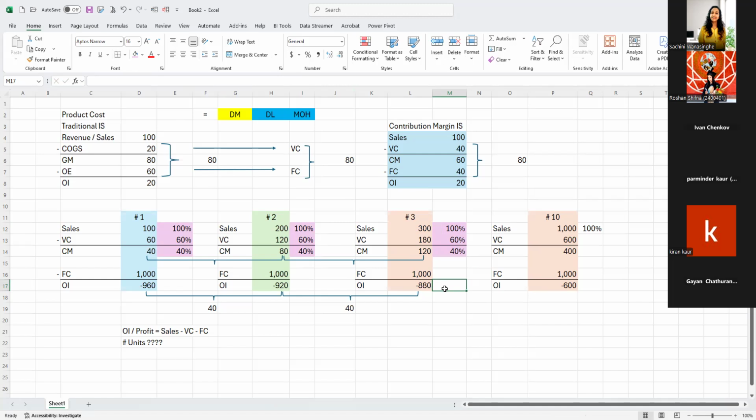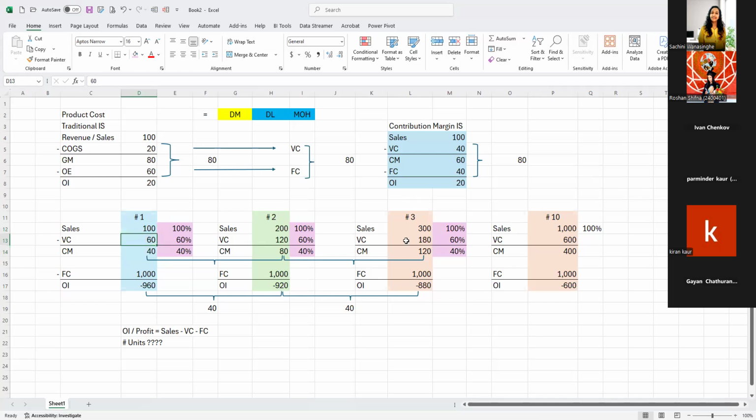Why not? Because we're selling exactly the same item as in the beginning. We're increasing the number of units that we're selling, but we're still selling the same item. Make sense? Variable cost behaves as a variable cost.